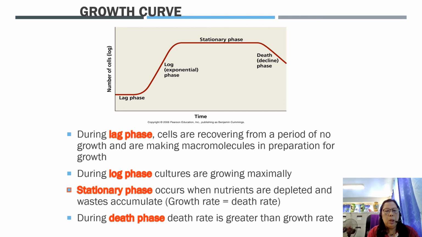And then for the log phase, the microorganisms are growing very rapidly. In the stationary phase, the growth rate is equal to the death rate, so it is stationary. And then as you pass the stationary phase, it could lead to a death phase whereby the growth is getting lower and lower.